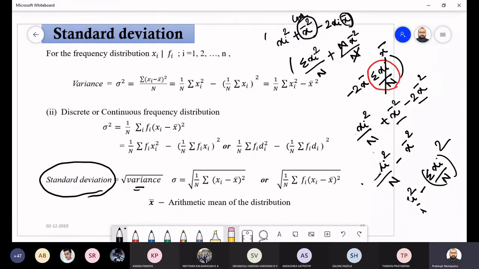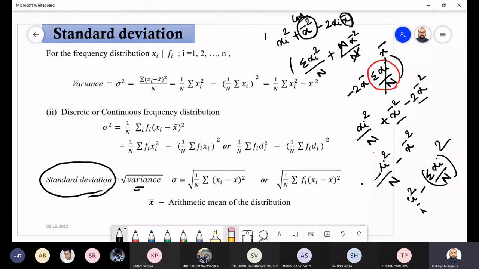Recall those 3 examples I showed at the beginning of this class. All 3 data had the same mean, but the data were fully different. In the first one there was no deviation, in the second a little deviation, and in the third a large deviation. So only calculating the mean won't work. You need to calculate the standard deviation. Standard deviation and variance are the same thing.